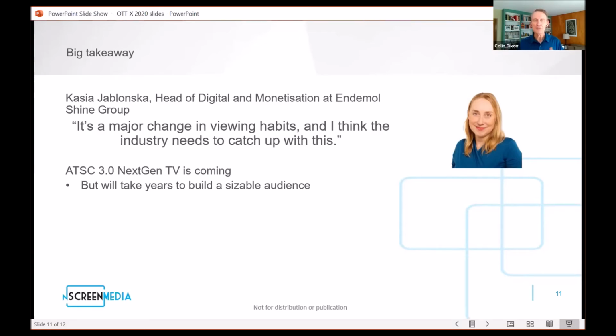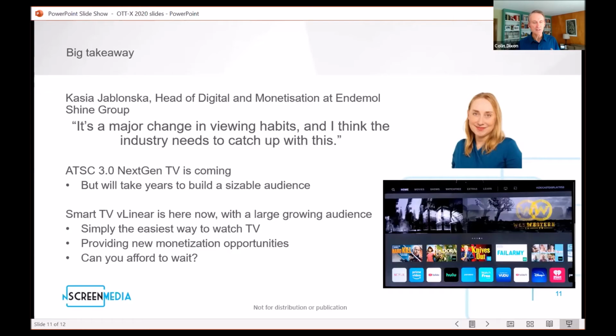And so if you are a broadcaster, you really should think seriously about getting into the smart TVs directly through these free interfaces that deliver virtual linear services. They really do. They're simply the easiest way to watch TV. Plug it in, hook up to Wi-Fi, boom, you're watching television.